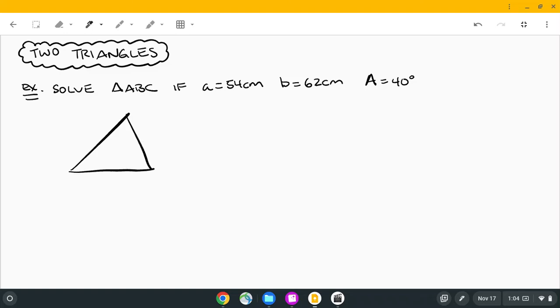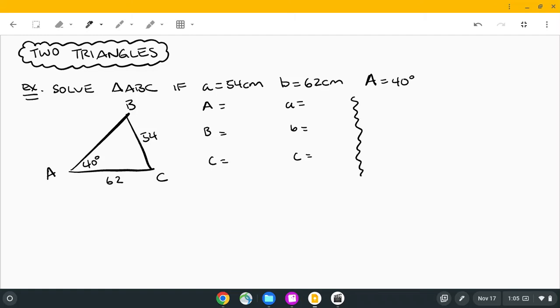You don't have to. I'm a visual person. So we have 40 degrees here, 54 here, 62 here. We know it's going to be two triangles because I said I was going to do an example of two triangles, right? So let me do this.